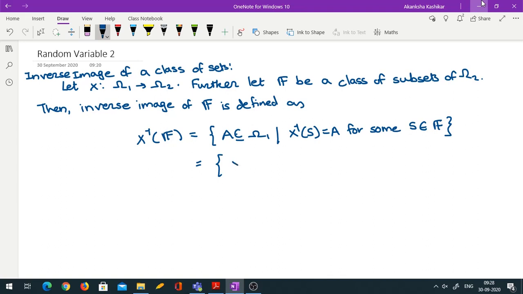Let me write that. So it is the collection of all X inverses of S such that S is in F.